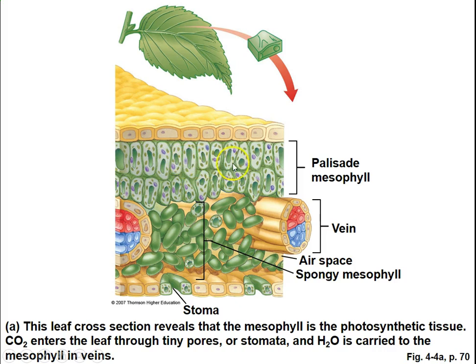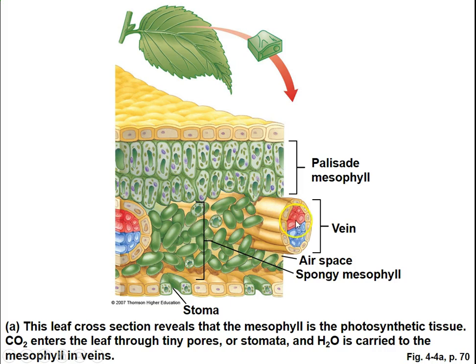They're packed in there one right next to the other, and about 80% of the photosynthesis occurs right here in these palisade mesophyll. There's also some photosynthesis that occurs down here in what's called the spongy mesophyll, and it's called spongy because it's very loosely arranged, kind of like the structure of a sponge.